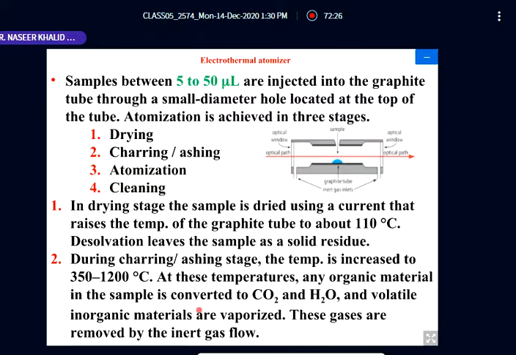And the volatile organic matter is vaporized. Whatever volatile material is there is evaporated. During the charring process we are also purging, flowing inert gas, so the vapors which are being formed are eliminated with the inert gas.